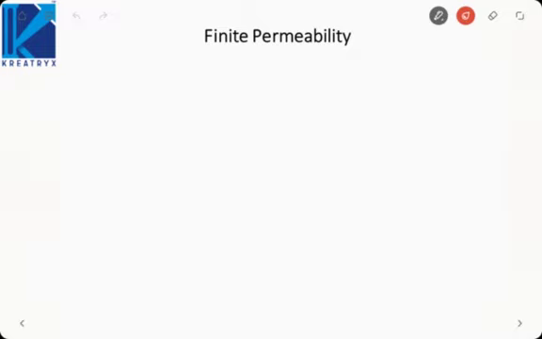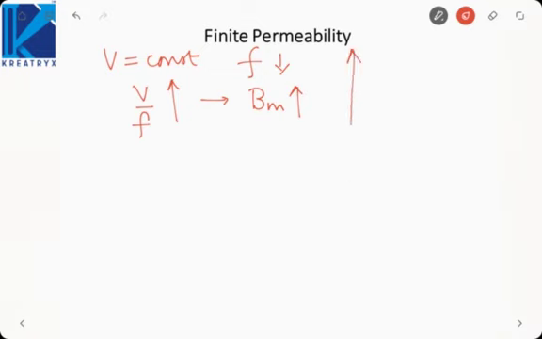Now suppose voltage is kept constant and we reduce the frequency, then what will happen? V by F will increase, which will lead to an increase in the magnetic flux density. Now if magnetic flux density keeps on increasing, it may push the transformer into the saturation region. So if the transformer enters the saturation region, what happens?